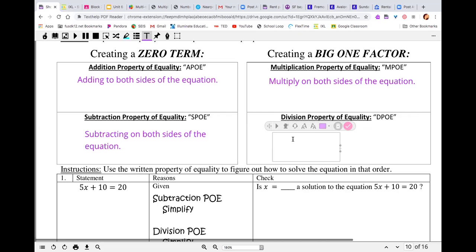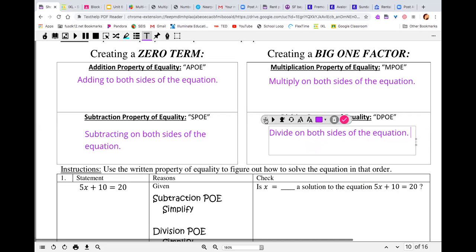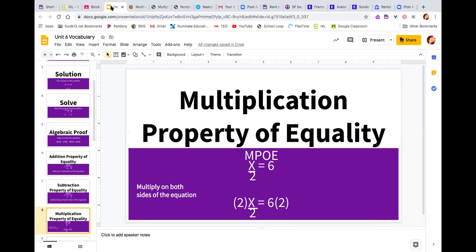Okay, so with the division property of equality, what do we do to both sides of the equation? Divide. Yeah. Divide on both sides of the equation. Cool. Okay, so show us that slide.